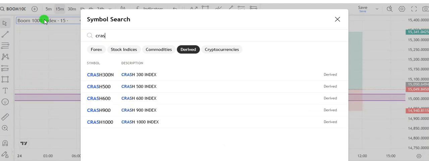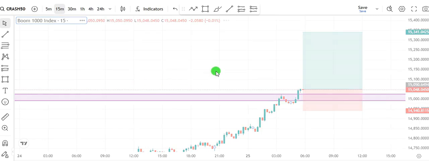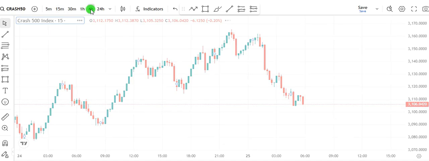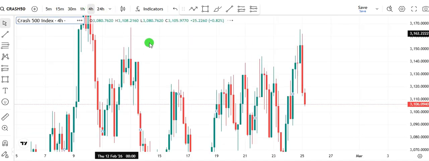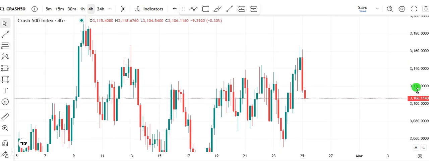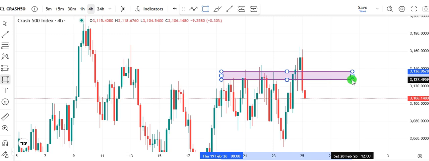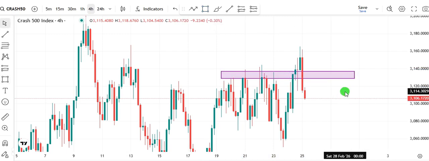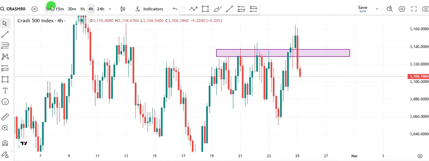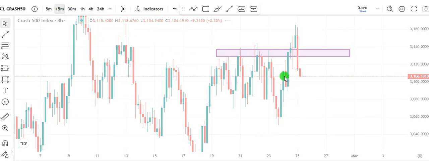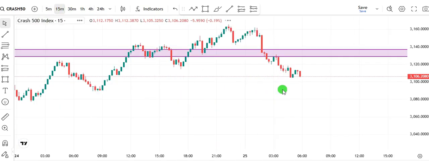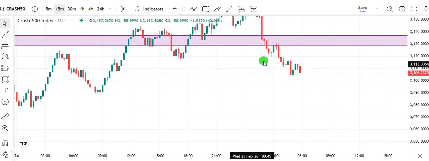Then let's go to Crash. Alright, so we're on Crash 500, so we go to the 4-hour chart. We kind of see a bullish run right here with this high momentum. So let's see if we're going to see bearish. I think this is a bearish trade. Let's see if we're going to see a new bearish setup. We actually missed it somewhere around here.